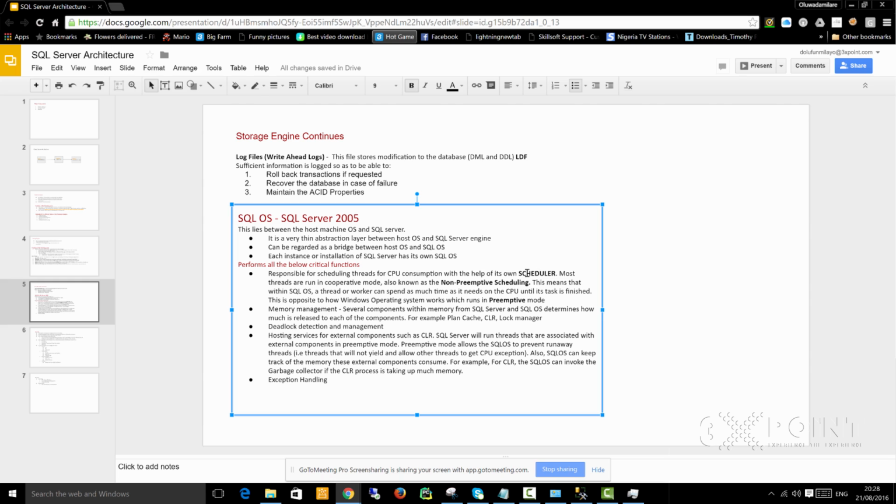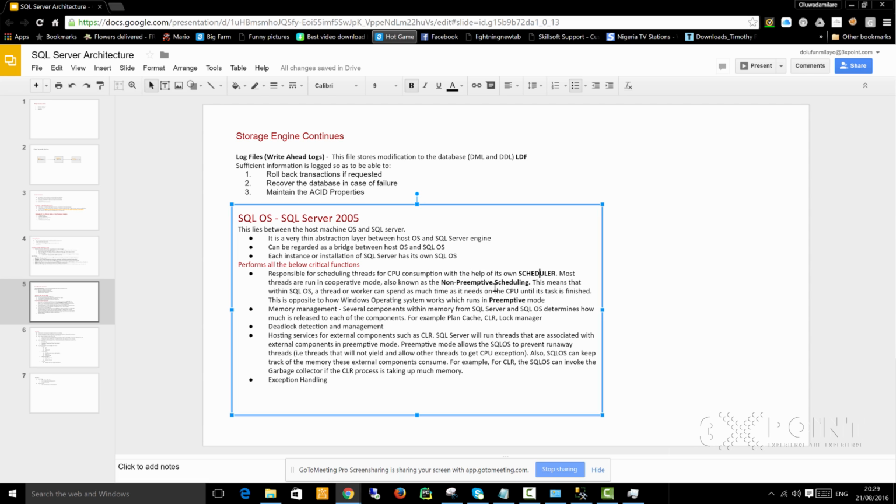So what the scheduler does is, for every thread, for every work that SQL Server has to do, there is a scheduler that determines who uses the CPU at every point in time, because there is also a one-to-one relationship between the CPU and a worker. So if you have a work that needs to use the CPU, it is a one-to-one relationship. You can't have multiple work going on one CPU.